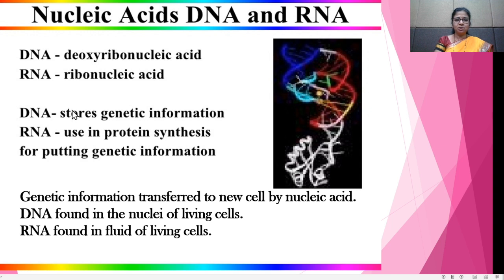The DNA stores the genetic information, and RNA is used in protein synthesis for putting genetic information. That is, the genetic information is transferred to new cells by nucleic acids.